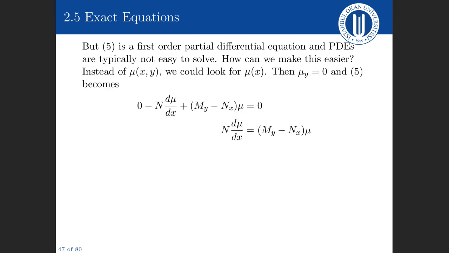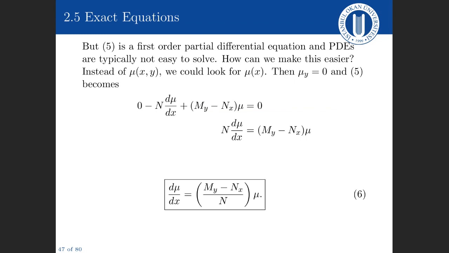This makes it easier because it means mu y is now equal to 0. And equation 5, instead of the complicated equation on the previous page, just simplifies to mu x is equal to (my minus nx) divided by n, times mu.